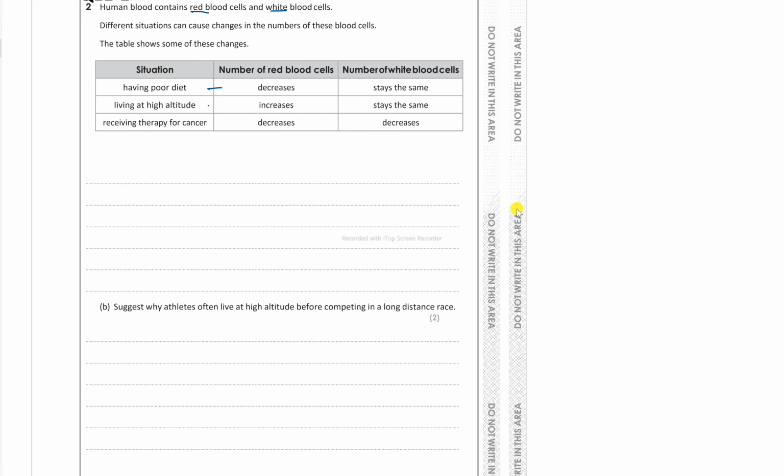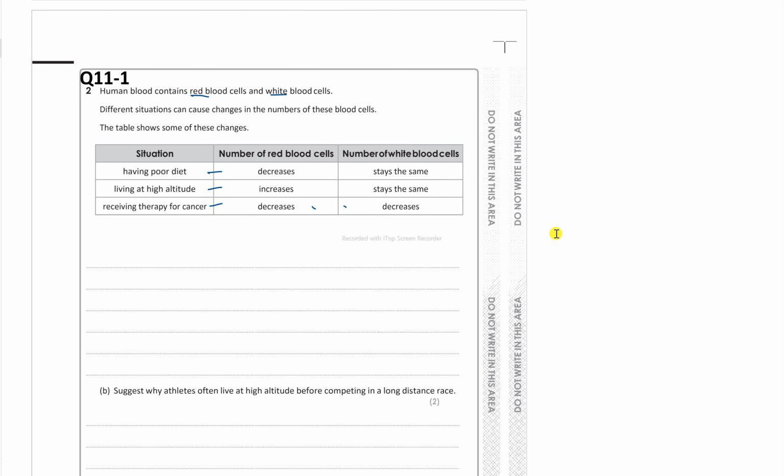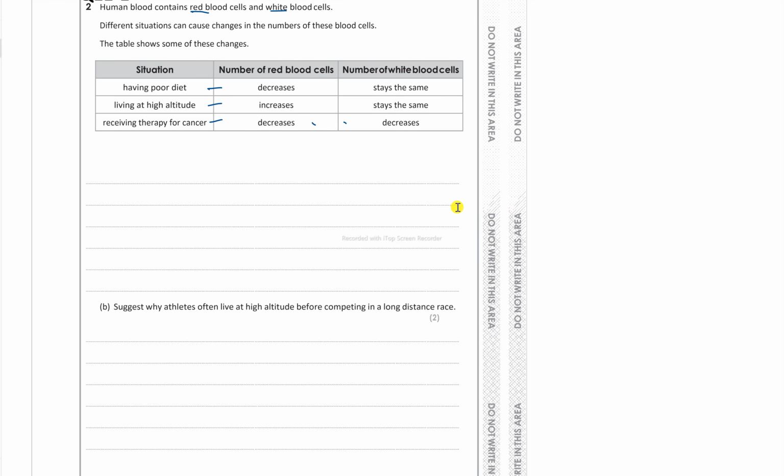If you live at high altitude, they increase. If you're receiving therapy for cancer, they both decrease. Right. Where's the question? Okay, there's no question.